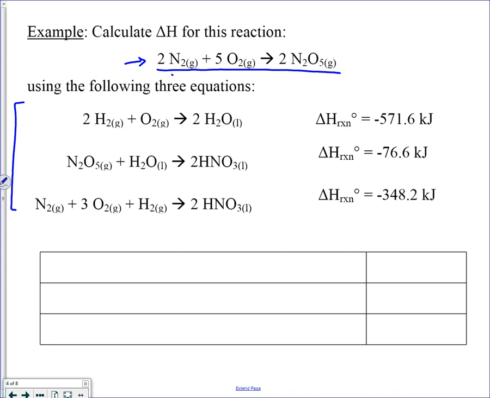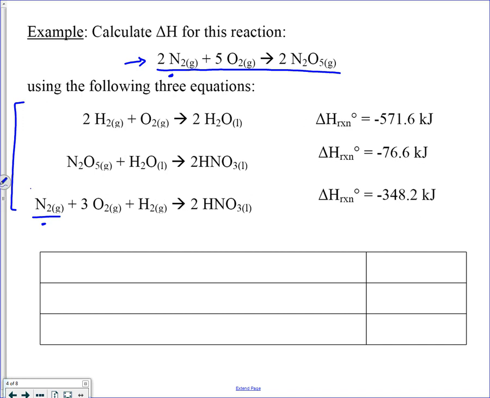N2. If you look at that equation, we have 2 moles of nitrogen gas. So I see nitrogen gas down here. And the first thing that I notice is, well, nitrogen gas on the bottom right here is a reactant, and nitrogen gas in my final equation is also a reactant. So that's a very good thing. But in my final equation, I have 2 moles of nitrogen gas, and in this bottom equation, I only have 1 mole of nitrogen gas.